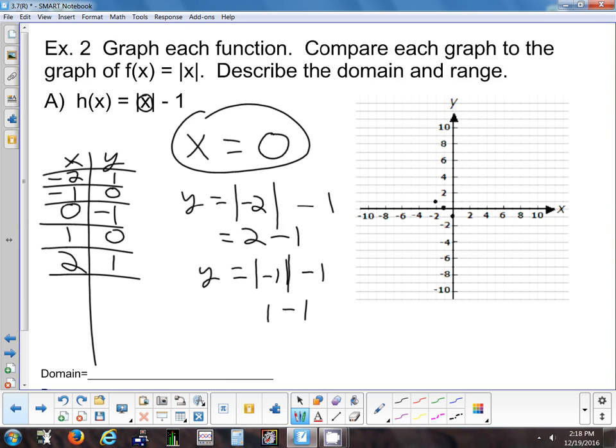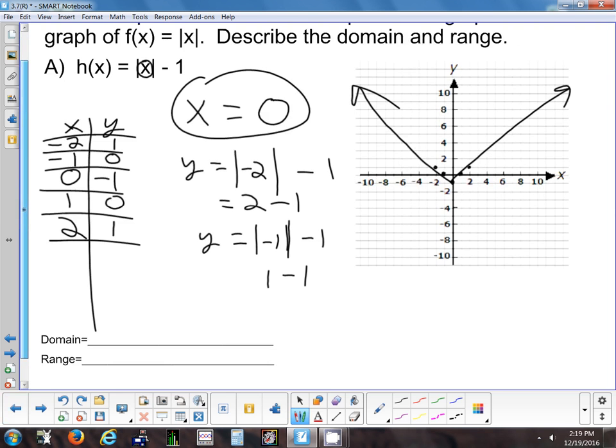So far, so good. Now I'm hoping it starts to take that turn. 1, 0. 2, 1. Does it look like I have a V shape? Yep. Draw your V. Now, how far left and right does this graph go? What's the domain? All real numbers. We're getting it. Always.